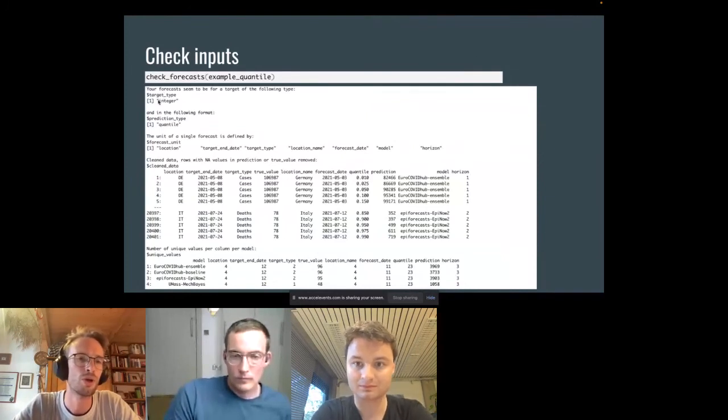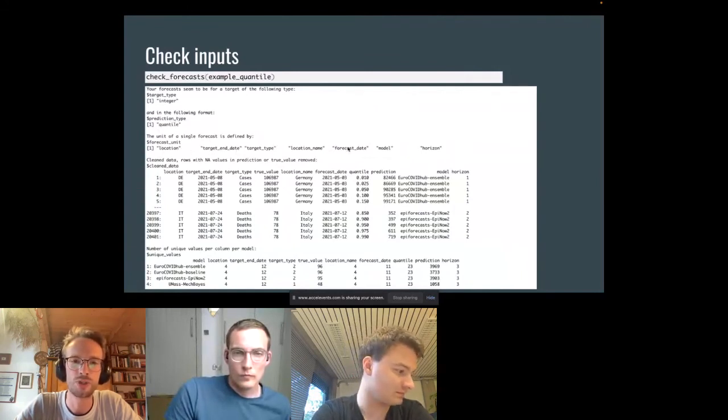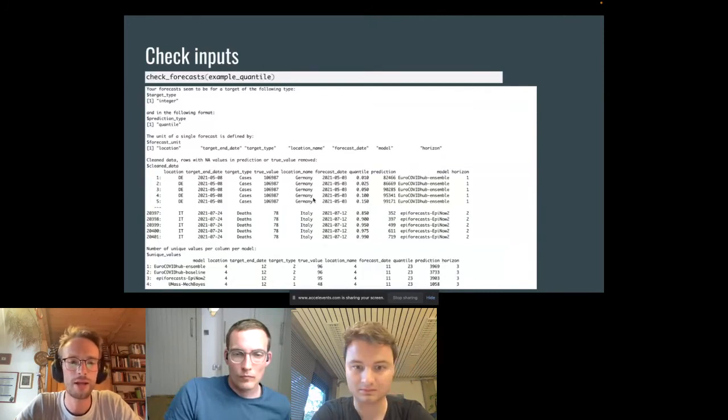It tells you what kind of target you have, what the prediction format is. It tells you all the different dimensions across which you vary. So the forecast names, the different locations, the models. And one thing that's especially useful, it tells you the number of unique observations for every one of these categories.